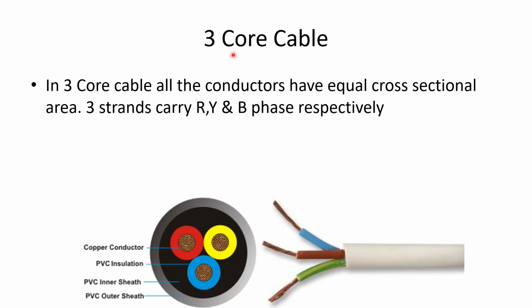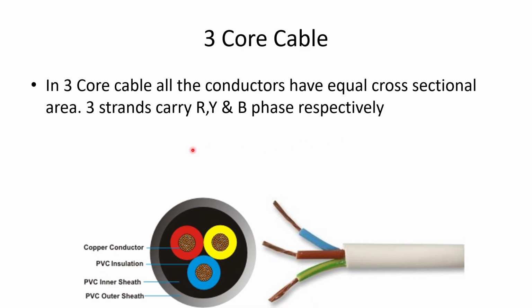Friends, in three-core cable, all the conductors have equal cross-sectional area. Three strands carry red, yellow, and blue phase respectively. These phases don't have any difference except they are given a color just to recognize while doing the wiring.